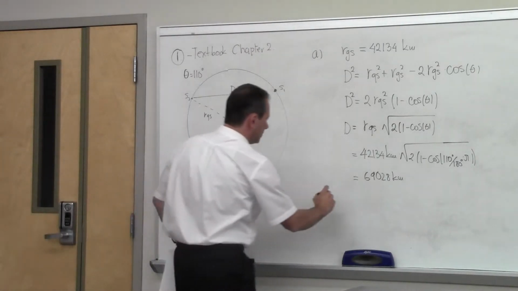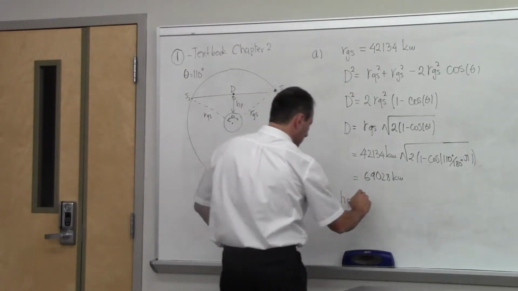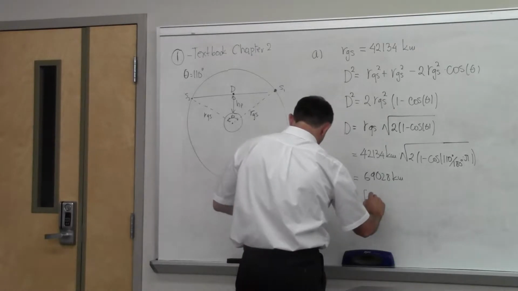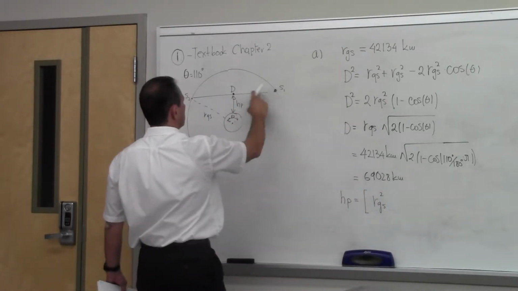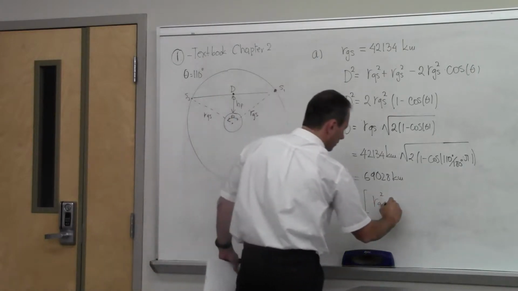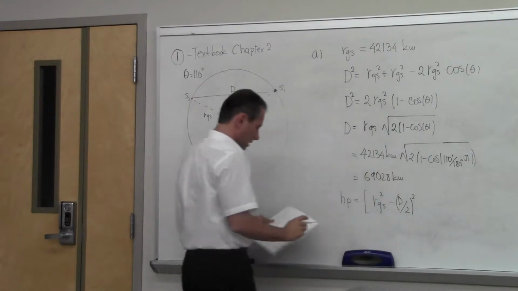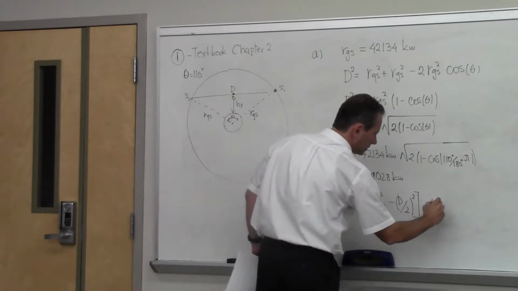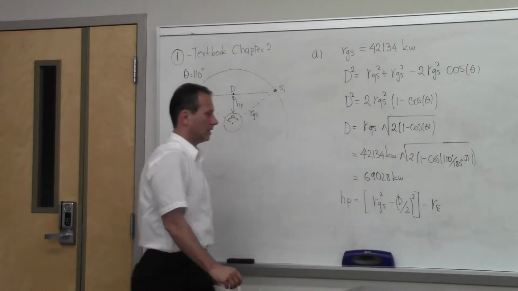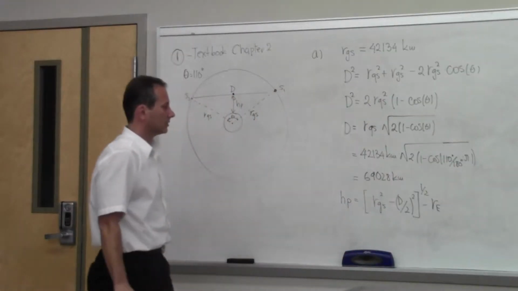So how do I calculate the hp? I can say hp here is going to be equal to the square root of R_GS squared, this side, minus (d over 2) quantity squared, and then minus the radius of the Earth.